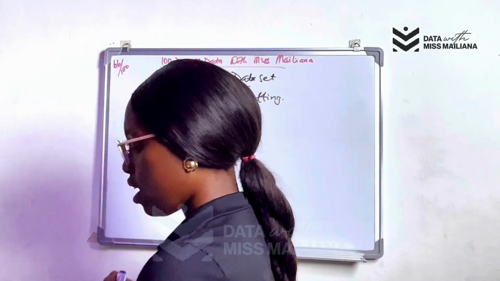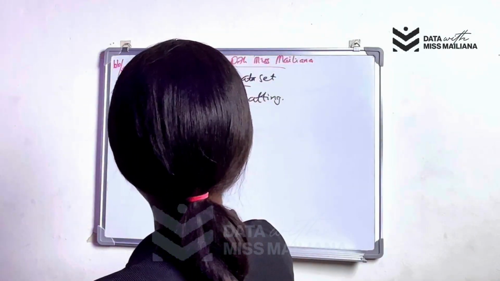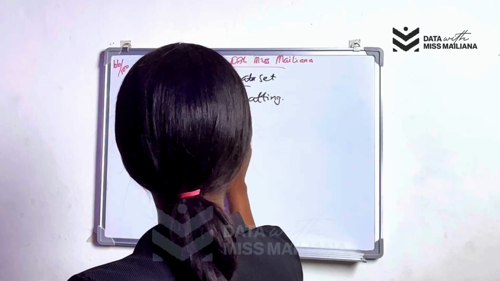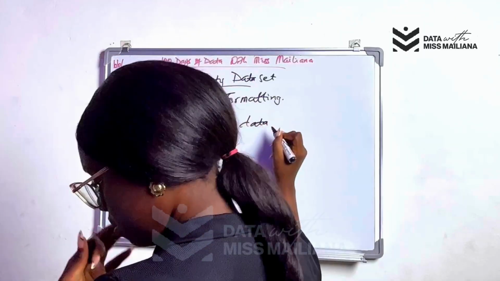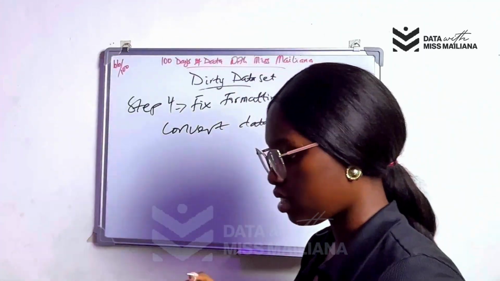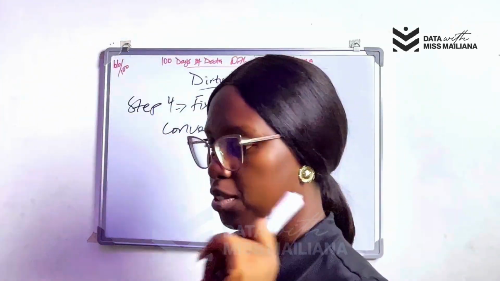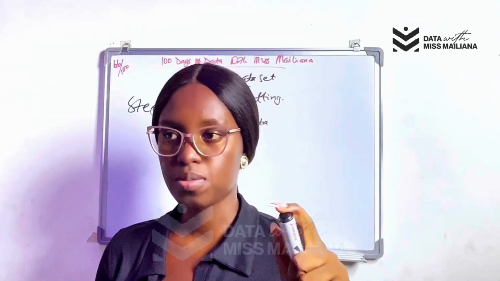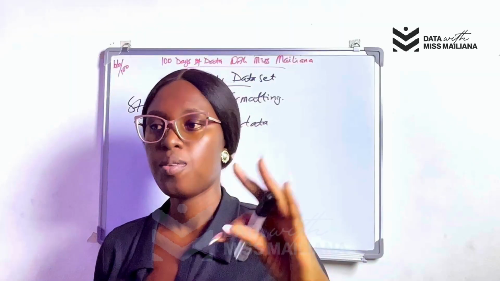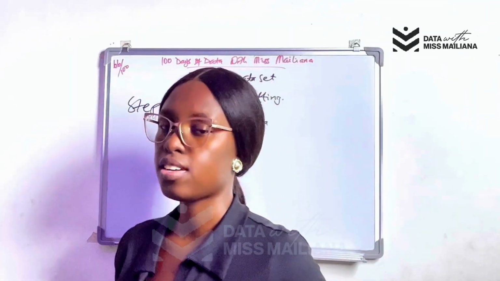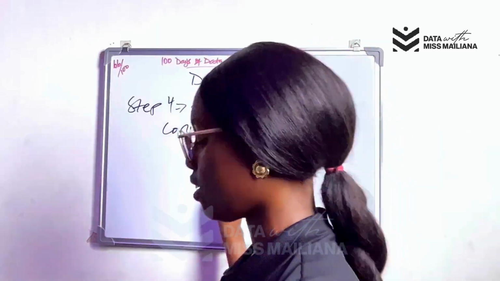So now you convert your dates, right? Watch the previous video on dates as well, where we talked about the UK dates, the US dates, the standardized dates and all that. So you have to check that as well.